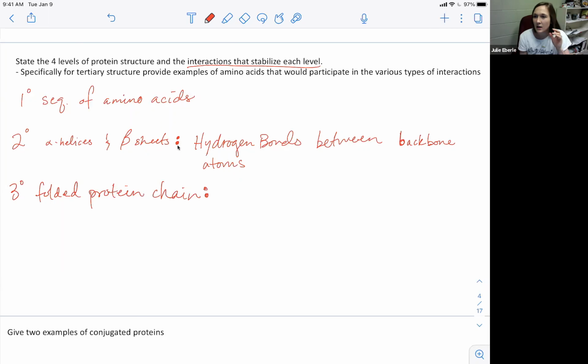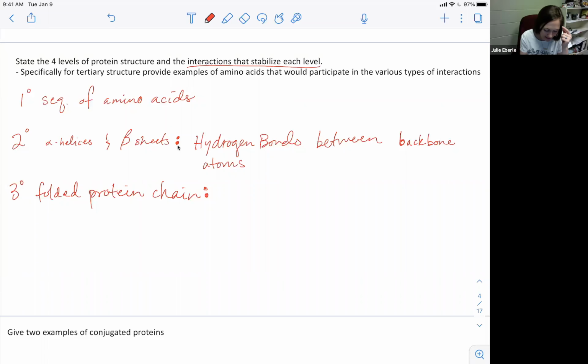And what is holding that together? What's keeping it from just unraveling back into its primary structure? What are the interactions that stabilize this level? Robin, here's your moment. The disulfide.